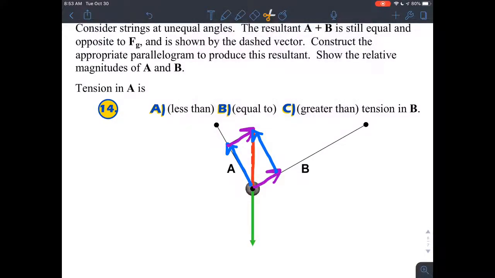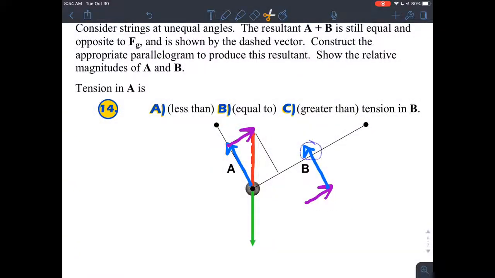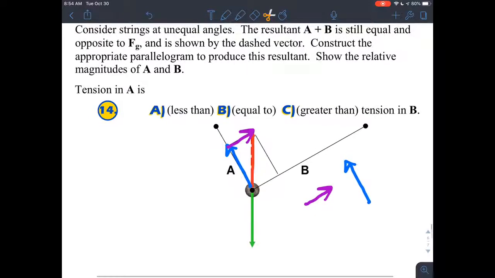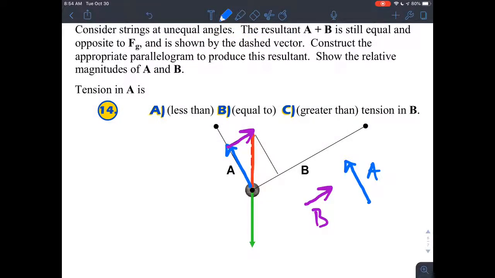Well, let's look. If we look at B plus A, let's move them out of the way here. We take these two things and we can take a look at the overall difference in the lengths. Well, it should be pretty clear here that this is vector B, and this over here is vector A. We should see pretty clearly that A is much longer than B. And again, the length of a vector tells us the magnitude.